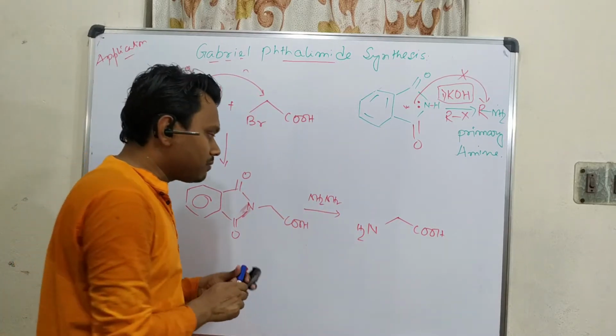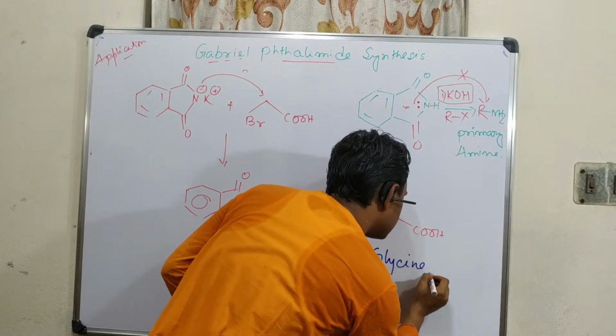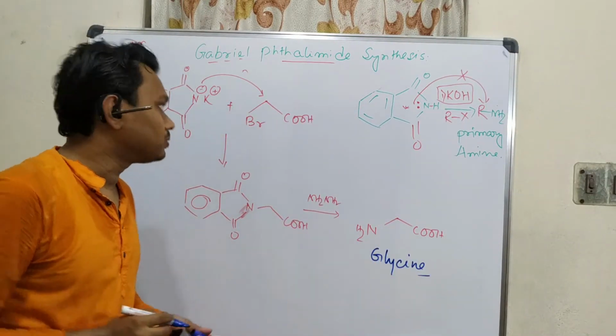This material is named as the amino acid glycine. Okay, this is an amino acid. Other amino acids could also be made.